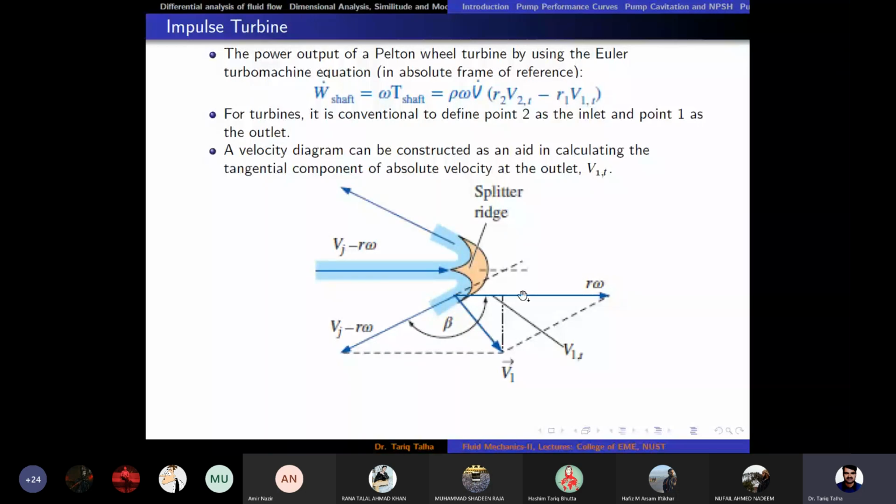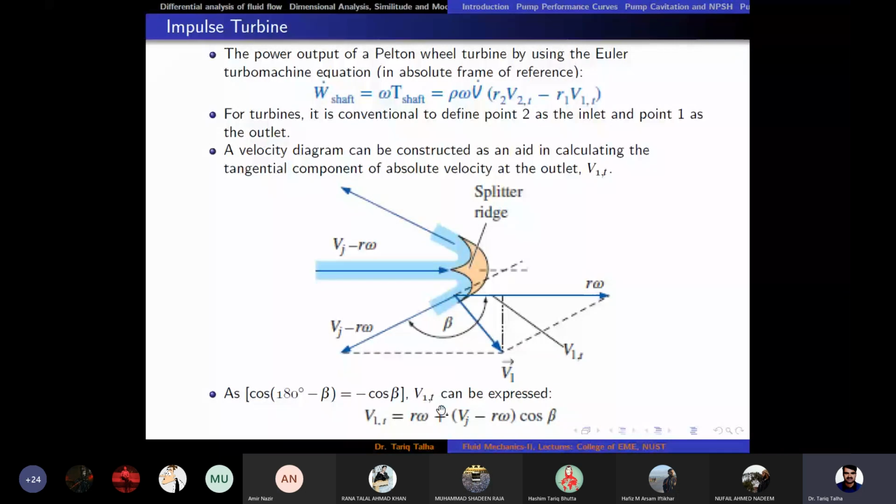R omega is the tangential velocity of the blade. Then we have V1, the absolute velocity, but we need to calculate V1T. So if we use this arrangement, R omega is in this direction, Vj minus R omega is in this direction. So V1T would be equal to R omega.